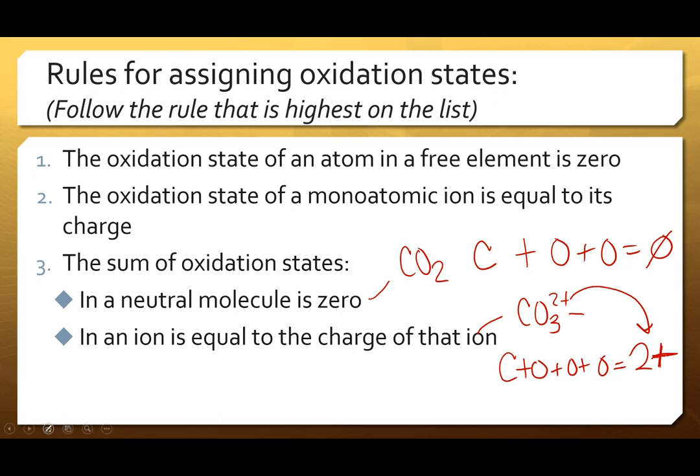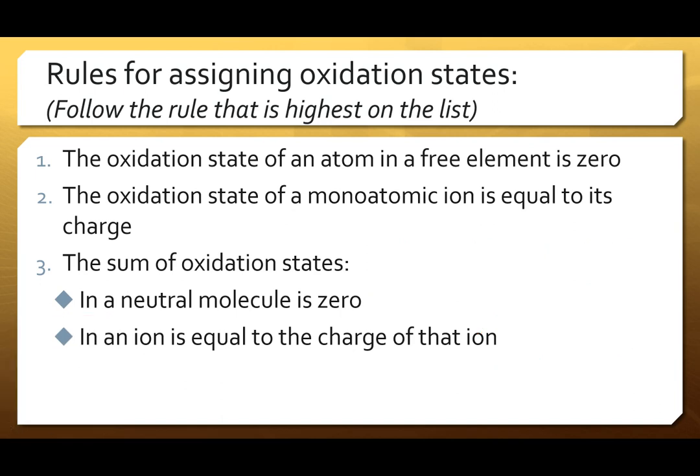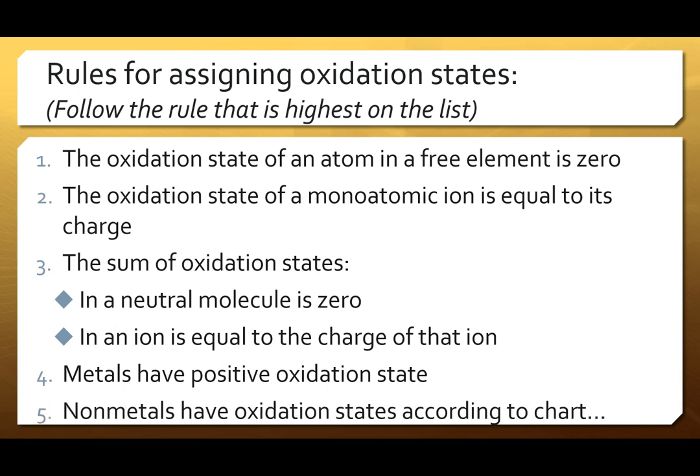So this summation is really what's going to dictate a lot of the nonmetals as far as oxidation states go. Metals will always have a positive oxidation state. When in doubt, look at the number of valence electrons. That usually indicates what the oxidation state is going to be, but metals will always be positive.